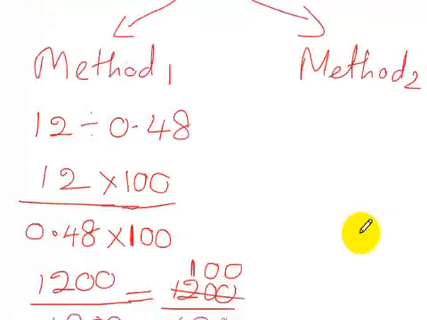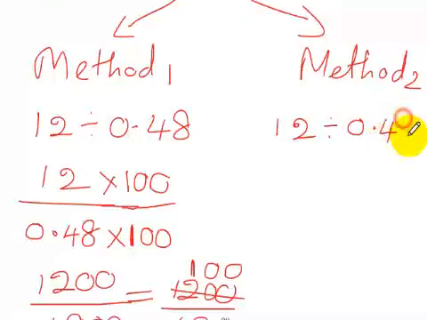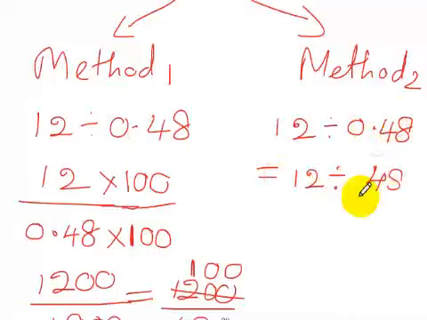Okay. You can solve this problem by converting into a fraction also. So how do we do that? You just keep 12 as it is. Then you can write 0.48 as a fraction. There are 2 decimal places, so you can write 48 over 100.